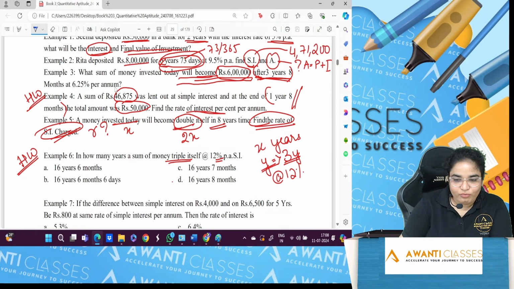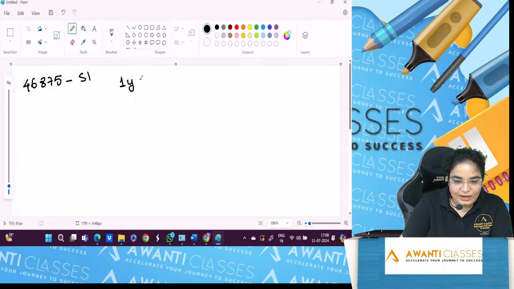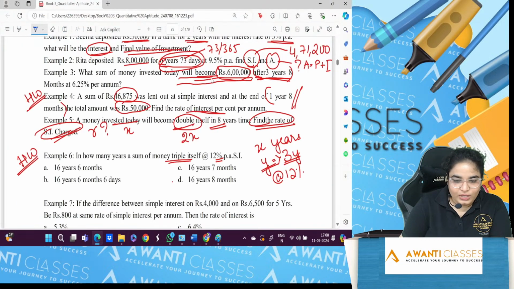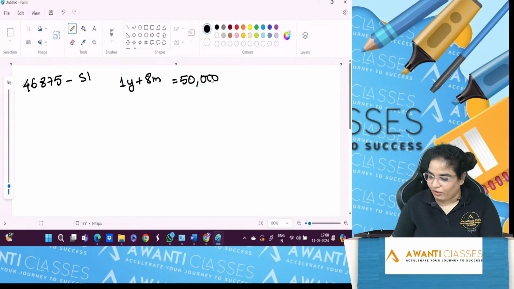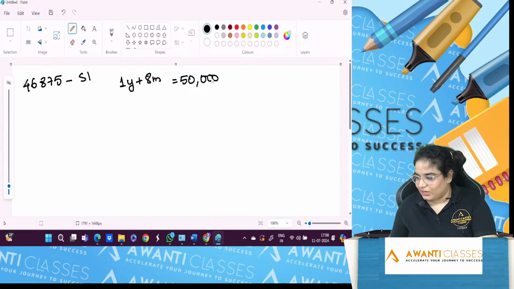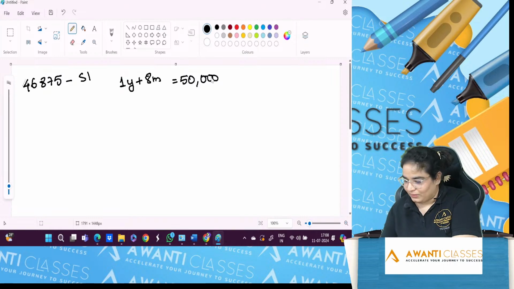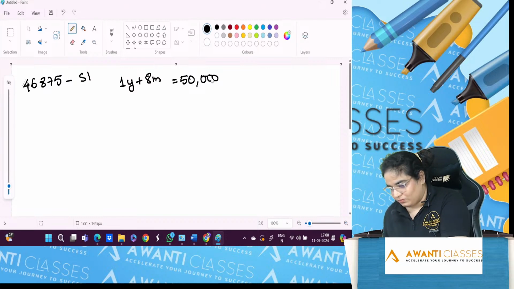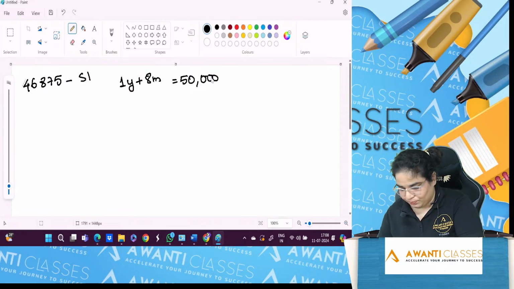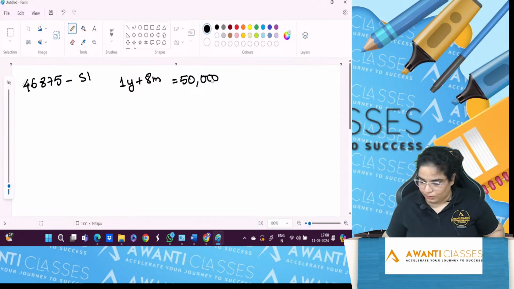At the end of 1 year and 8 months, the total was 50,000 rupees. They are asking us to find what the percentage was. Is there any question so far with the question itself?